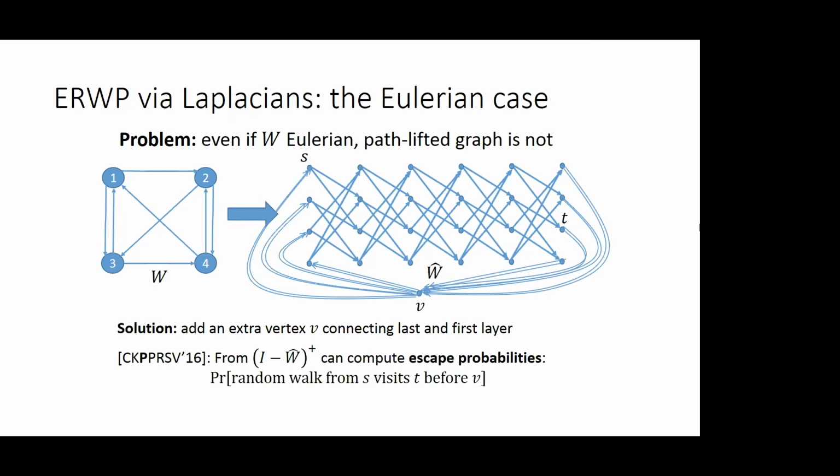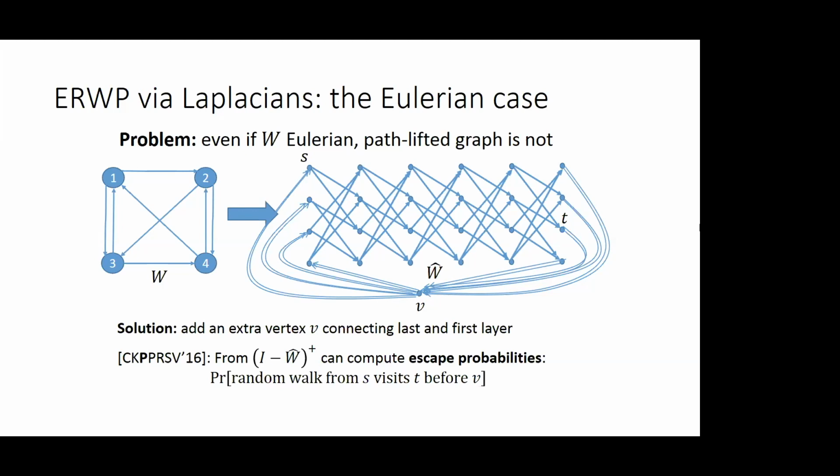So what you just do is compute, instead, the probability that a random walk starting from s visits t before it gets to v in this graph W hat, which is something that you can compute by solving a Laplacian system where the graph is W hat.